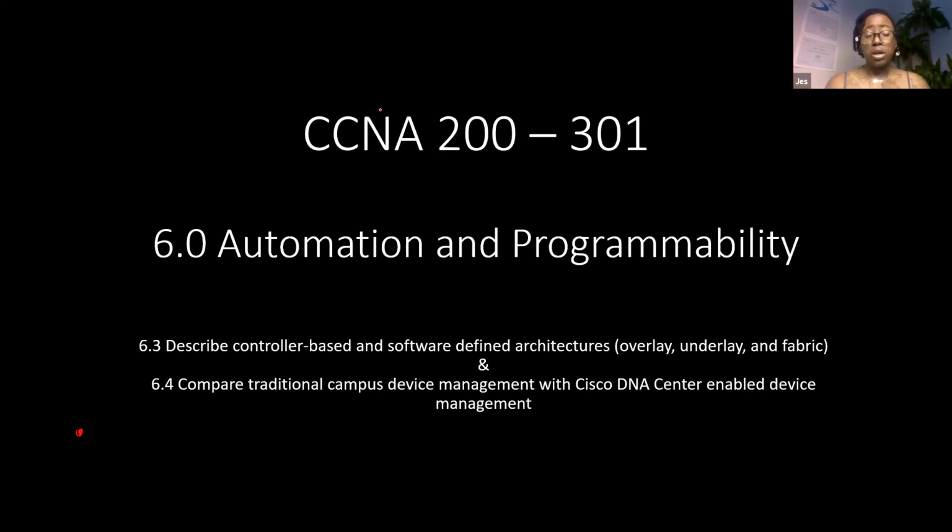So again, we're going to just go over briefly 6.3 and 6.4. We kind of touched over it a little bit previous lesson, but we'll go a little more into detail with the software-defined networks and such. And then we'll start downloading our developer tools. Okay, let's get into it.